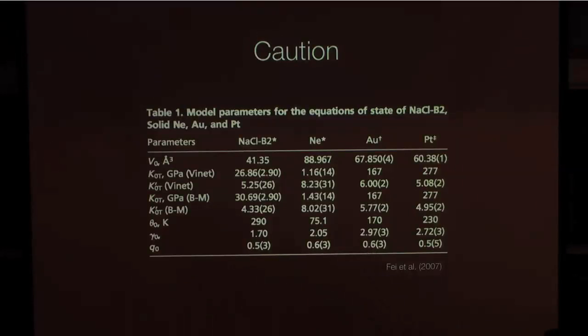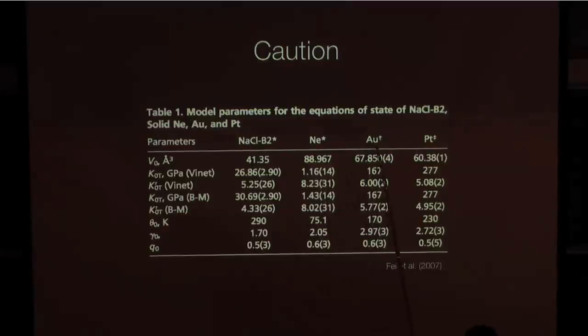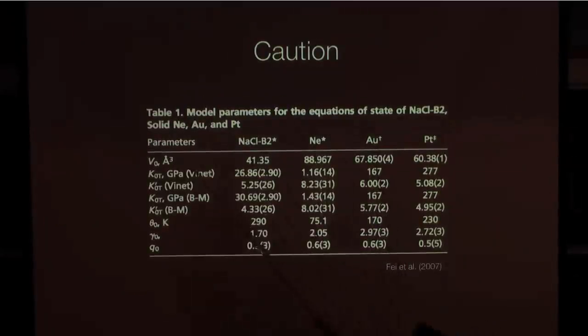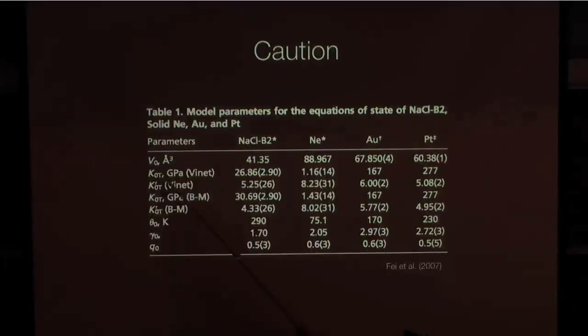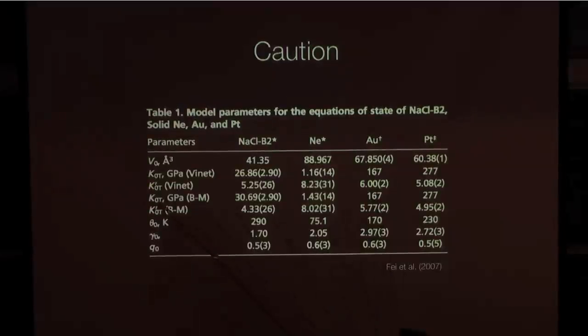So if you look at a mineral physics paper on equation of state, this is the type of table that you're going to get. Now, let's look at gold. This is V0. Okay, fine. K0, bulk modulus, pressure derivative of bulk modulus, that's fine. You have, again, bulk modulus reappearing, pressure derivative of bulk modulus reappearing.